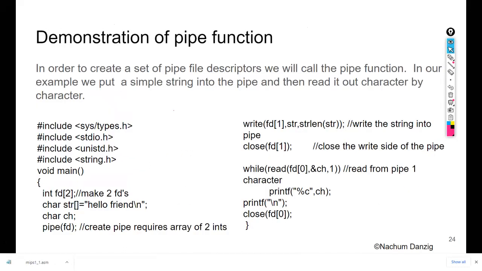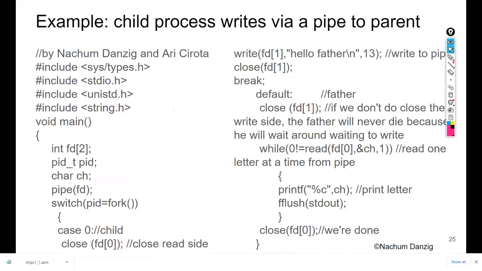I did not check for failure. Theoretically, it could fail to create a fork, in which case the PID would be -1. So I really should have had a case -1, and then error, exit the program. And otherwise, if it's 0, that, and then default, anything else, it must be the father.